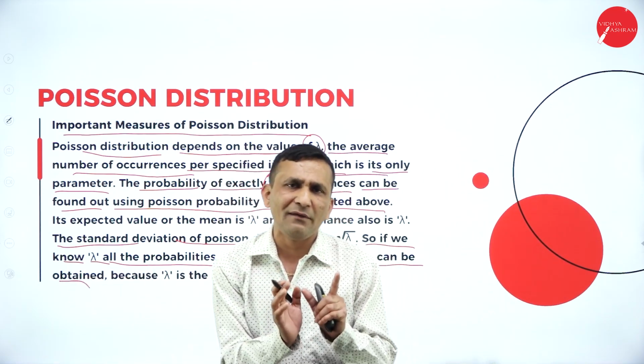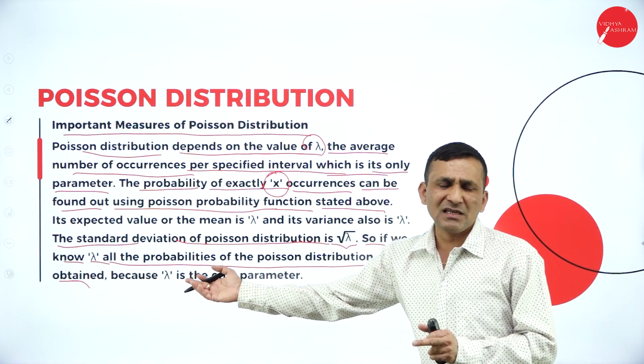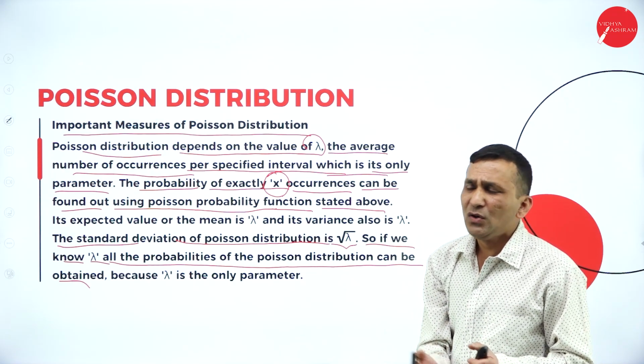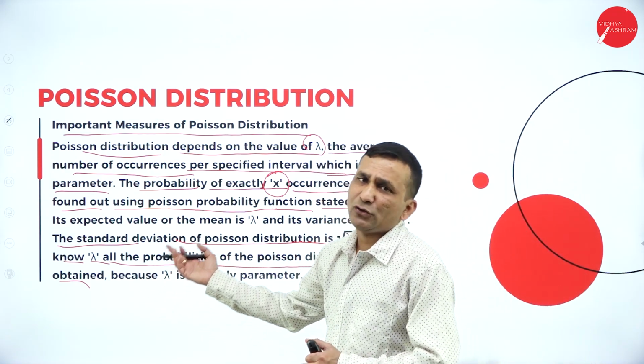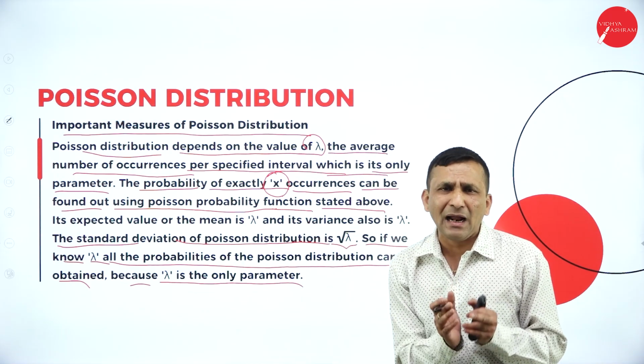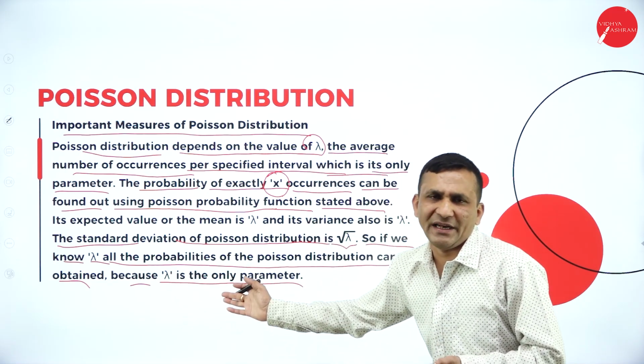If you are not getting the value, you can't do the Poisson distribution problem, so it completely depends on the lambda value. Based on lambda only, we go for the probability mass function, because lambda is the only parameter, and the mean is equal to lambda and the variance is also lambda.